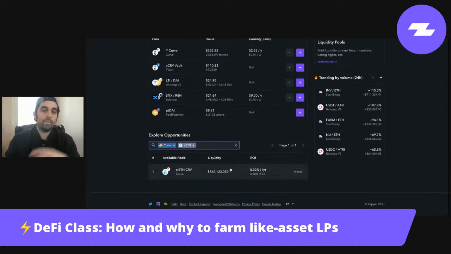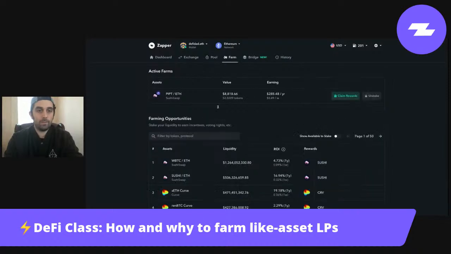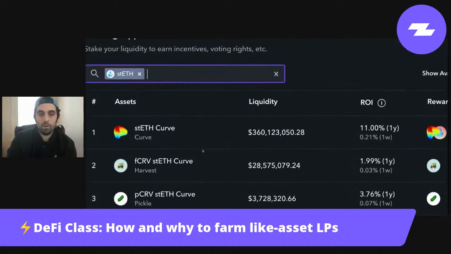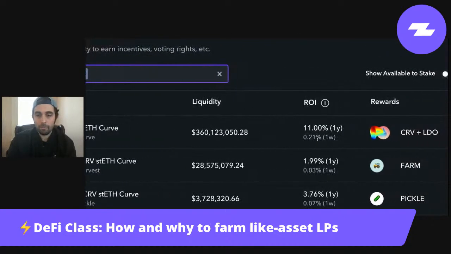But if I go back over to the farm tab, and if I look up Steth here, by getting into this pool, if I stake the LP, I am then earning both the Curve governance token and the Lido LDO governance token. So now I'm earning 11%. That's on top of the fact that I'm still exposed to the price of Ether.